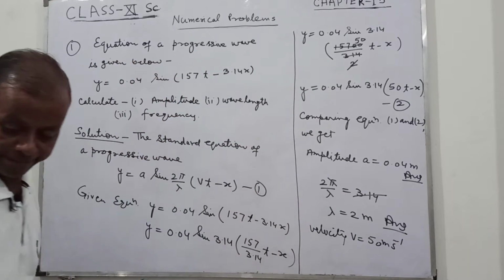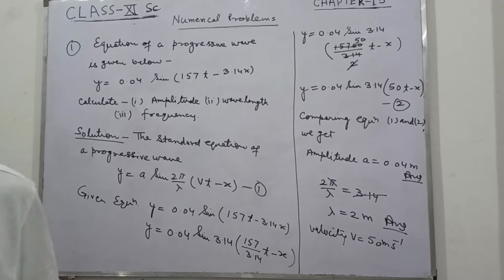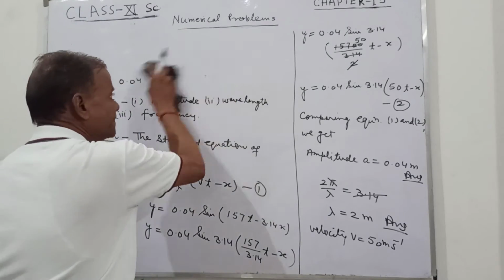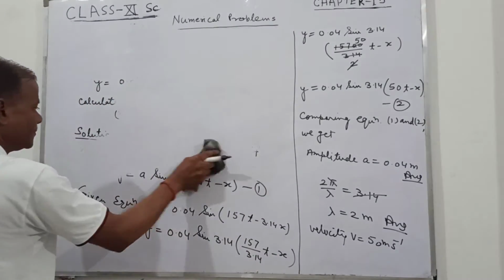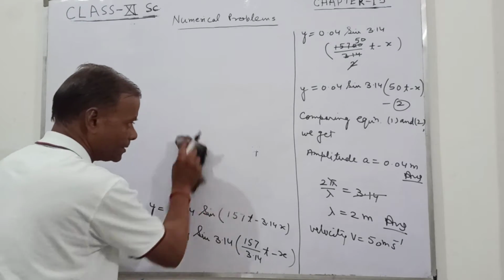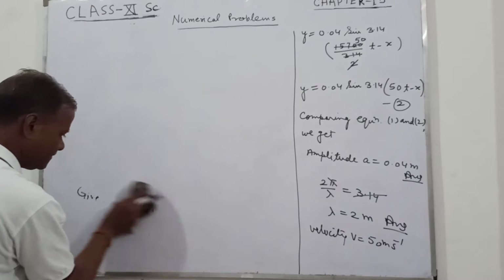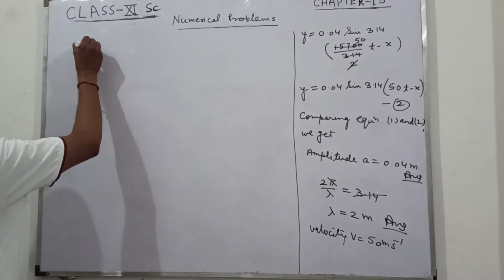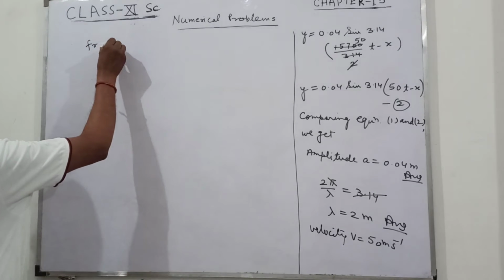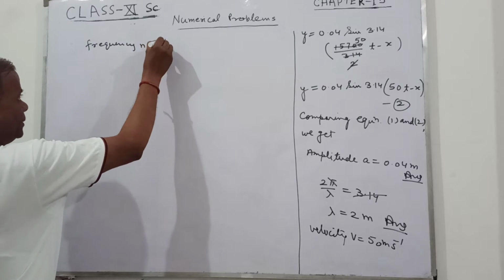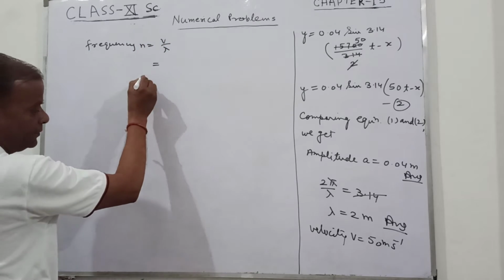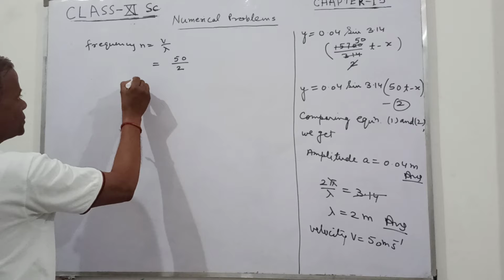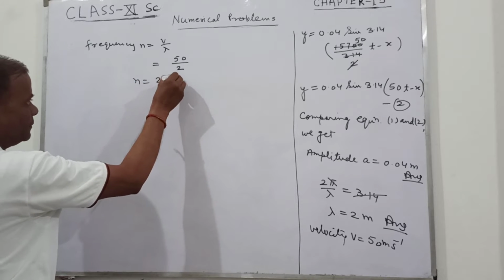Therefore frequency n equal to v upon lambda, and v is 50 and lambda is 2, so n equal to 25 hertz.